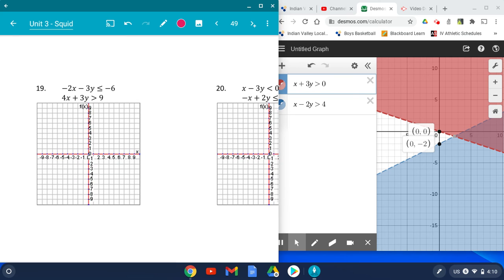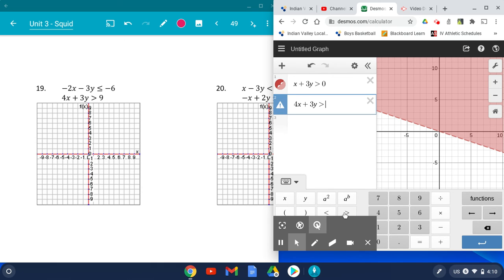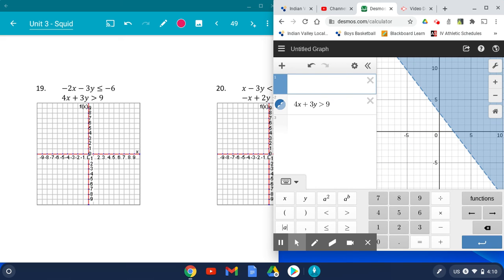Last two, number 19. Bottom one is 4x plus 3y is greater than 9. And then the top one was negative 2x minus 3y is less than or equal to negative 6.